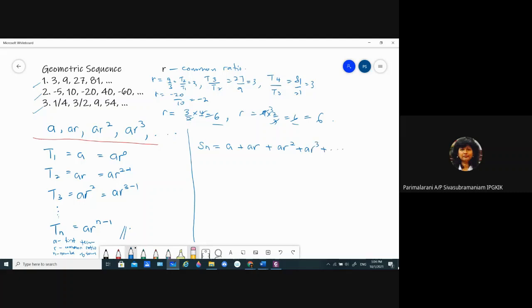What is the last term here? AR to the power of n minus 1. So this is our first equation. For the second equation, we want to multiply it by R. So we get AR plus AR squared plus AR cubed, AR to the power of 4, until what do we get here when we multiply it by R?